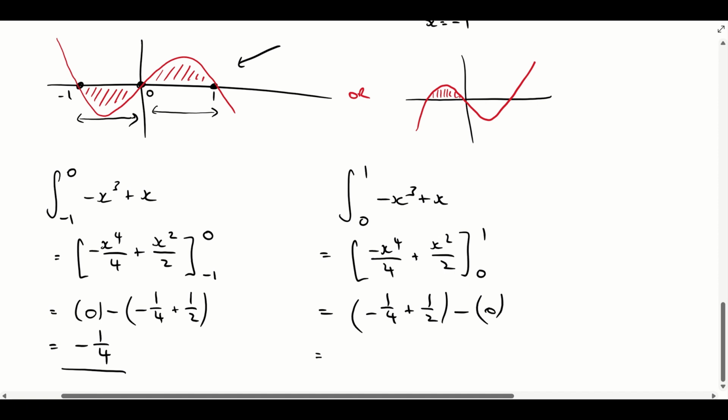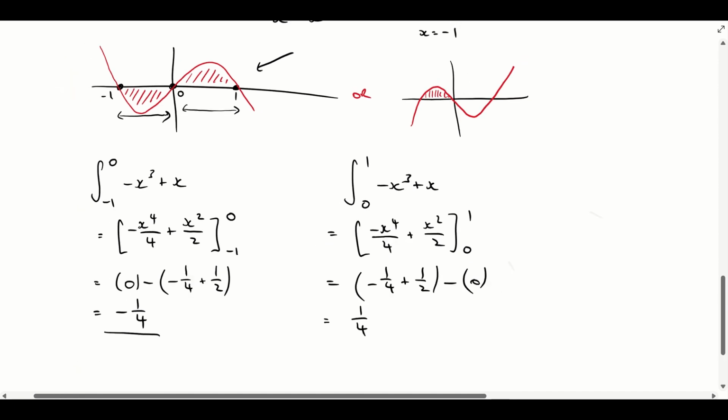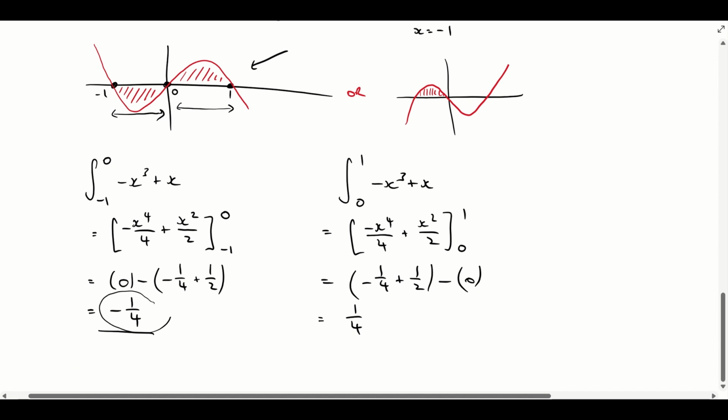And well, this one here is just positive a quarter. So I've got negative a quarter area, which is referring to this area here, and I've got positive a quarter area, which is referring to that area there. So my total area is 2 quarters, which is just a half units squared.